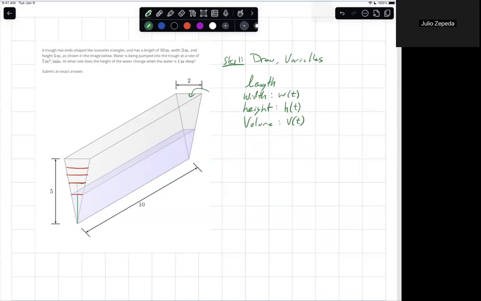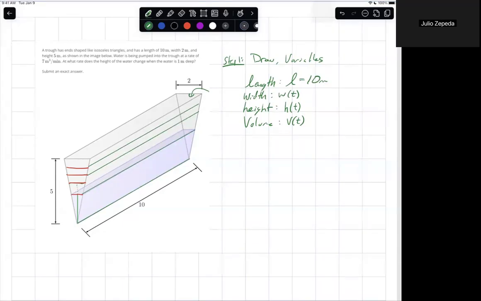Now, one thing that does not change with respect to time is the length of the shape that the water makes. No matter what the height of the water is, the length is always going to be 10. So here the length L is not a function of time, it is a constant equal to 10 meters.